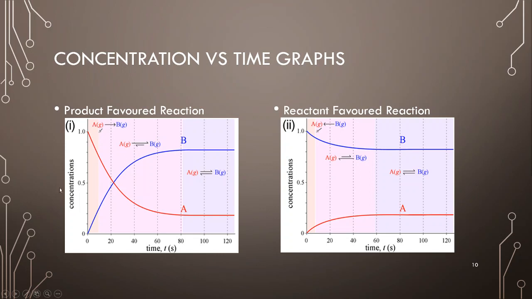How can you see? It's from the graph. A, which is a reactant, decreases its concentration dramatically down below. And B will increase dramatically as well. From that, you can say that this is a product-favored reaction.